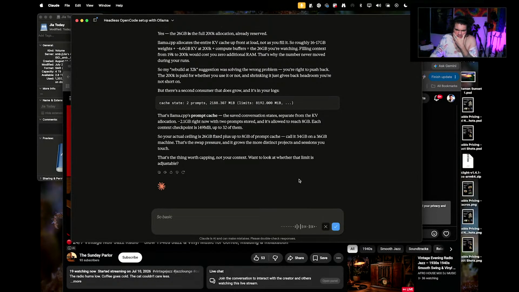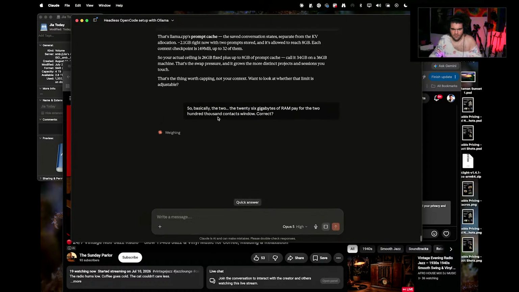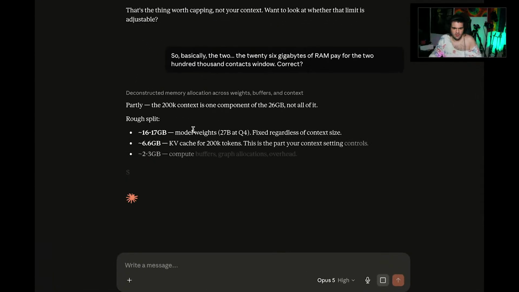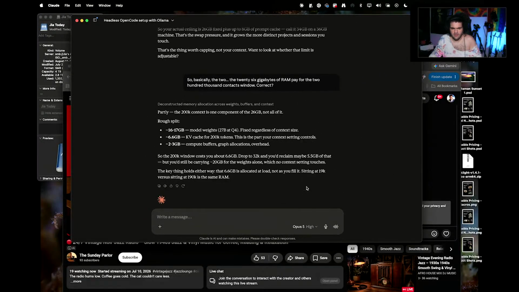So basically, the 26 gigabytes of RAM pay for the 200,000 context window, correct? Right. But what I'm asking is, the 6.6 gigabytes is enough for the 200,000 token KV cache, correct?